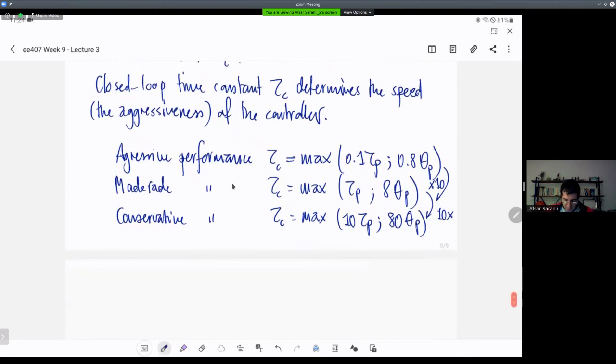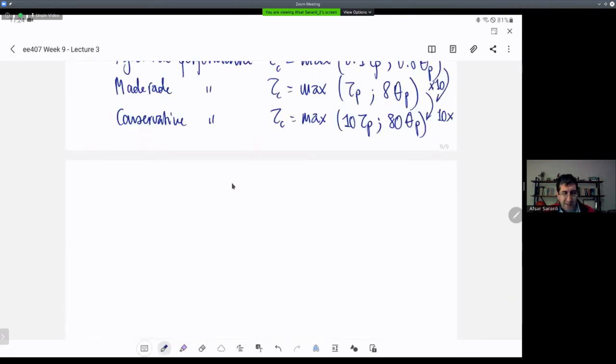As a final note, I want to finish by discussing this controller output filter.